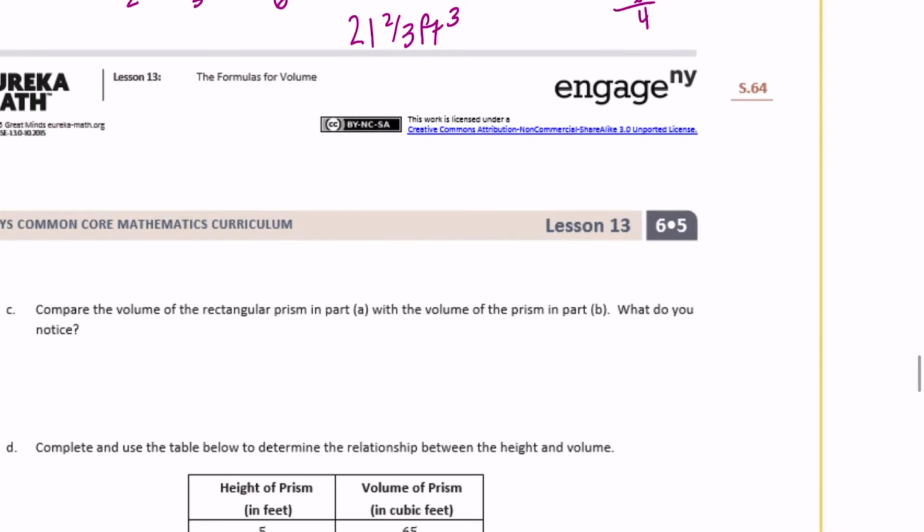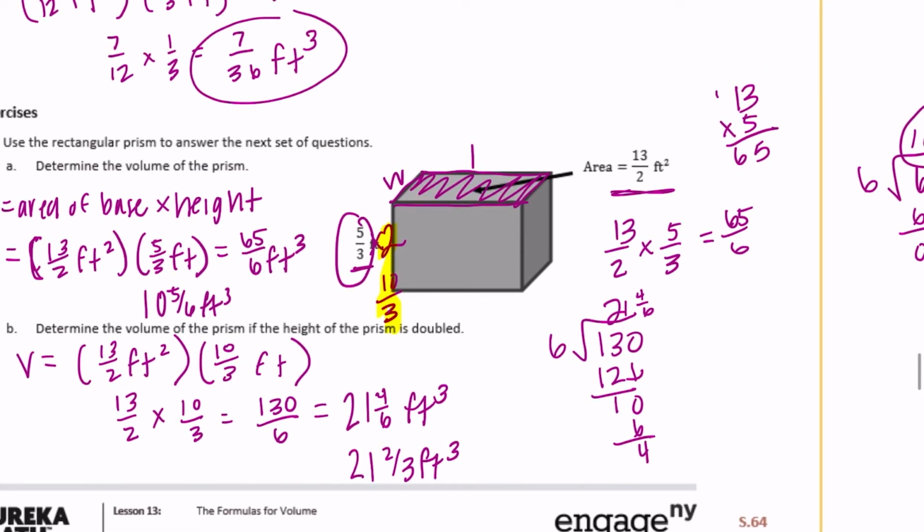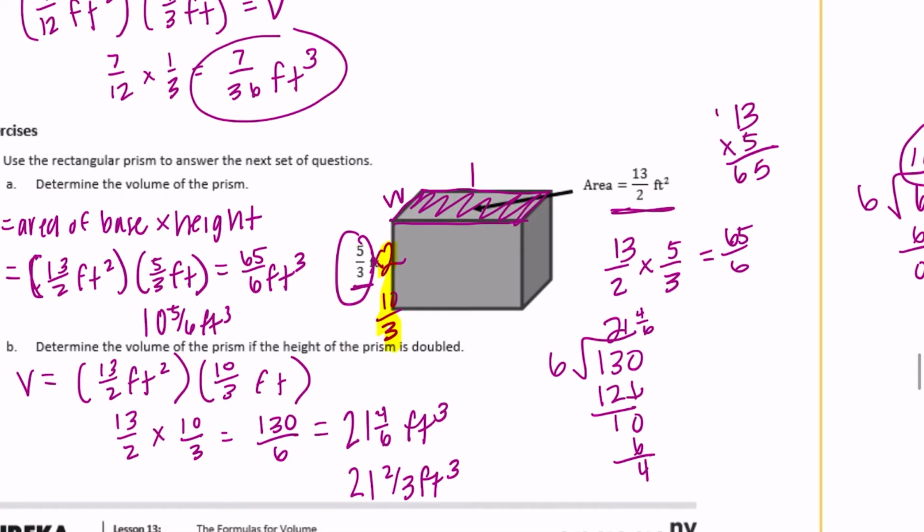C. Compare the volume of the rectangular prism in part A with the volume of the rectangular prism in part B. What do we notice? Well, I already noticed it. It is double, so the volume in part B is double the volume in part A because we doubled the height. So we're going to have a whole nother one sitting on top of there that is the exact same size.